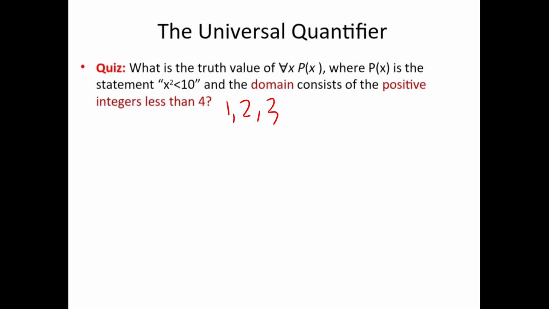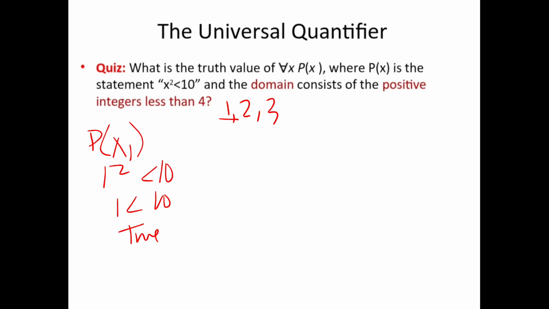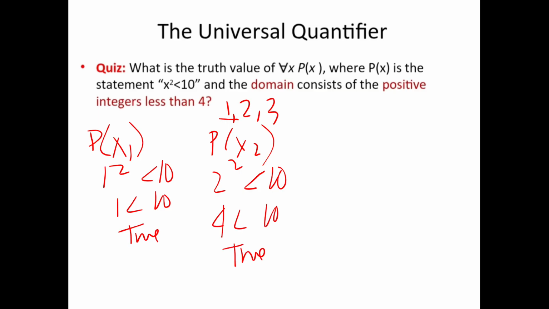So, we will try to test to know whether this is true. If our x is 1, we have p of x1. So, our x is 1 squared less than 10. We have 1. So, true. And then p of x2, we have 2 squared less than 10. We have 4. So, we have true.